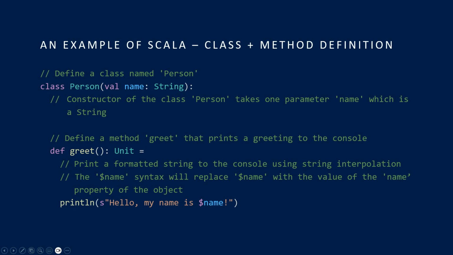Notice here we've got this Unit. We're printing something here. The method is doing something rather than returning something. So in this case, we've got Unit here as our sort of returning value. I was led to believe it's rather like void in Java.